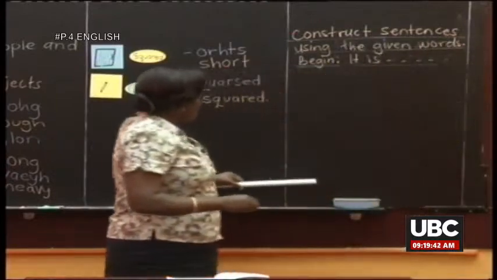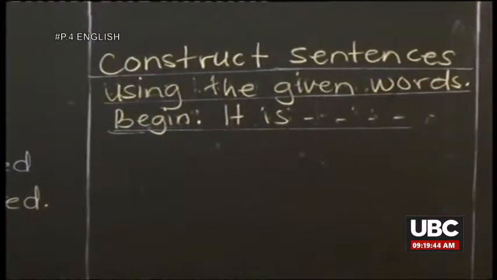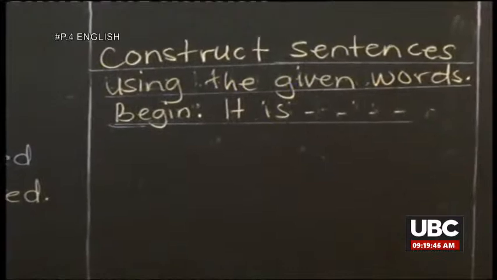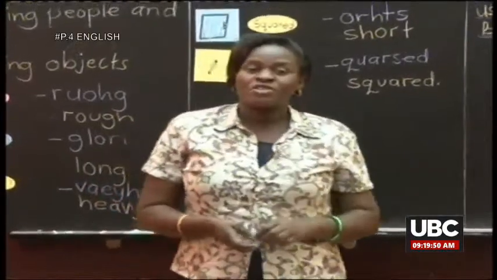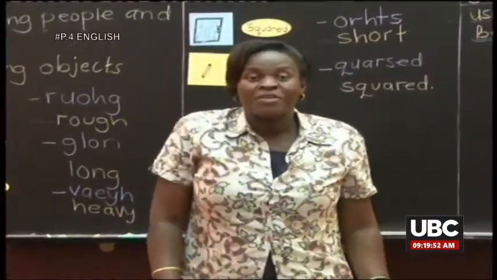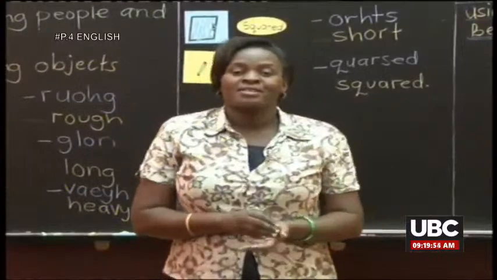Our instructions. Remember, children, always to follow the instructions. So before we get to the sentences, let's go for a short break. We shall come back and we'll continue with our sentences.